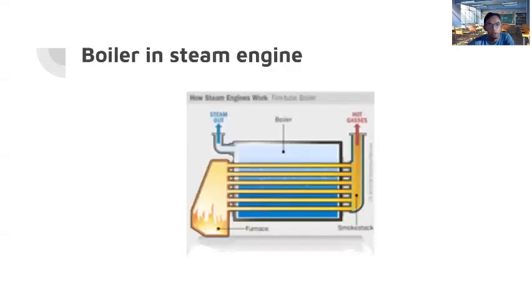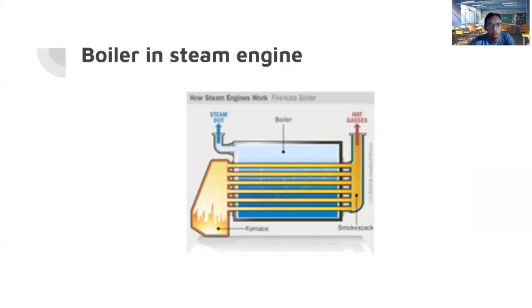Next, for the boiler and steam engine used in the textile industry. Basically, the boiler is set to a certain temperature to heat up a dye to get the desired color for the textile itself. The heat transfer concepts applied in this area are radiation and also conduction.